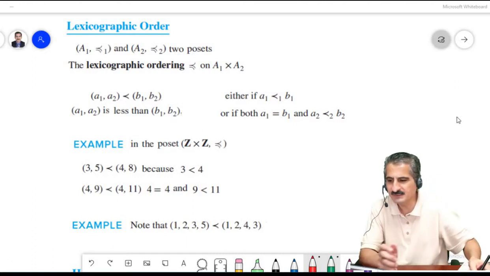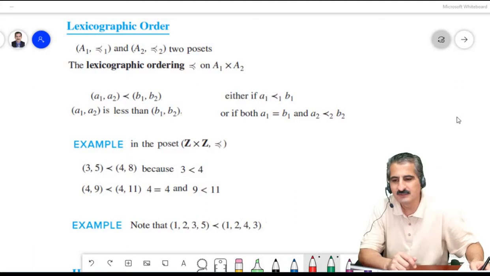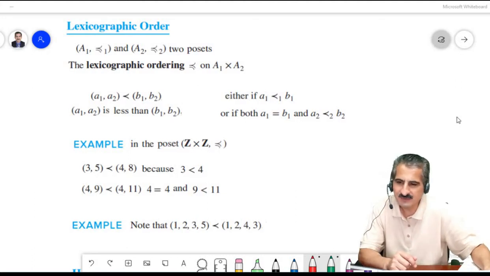Let's understand how it works in ordered pairs. If I ask about less than or equal, the natural one we know about integers, given any two integers, you can say which one is less than the other, right? Now, what if I ask you to decide which one is bigger, (1, 9) or (2, 3)?